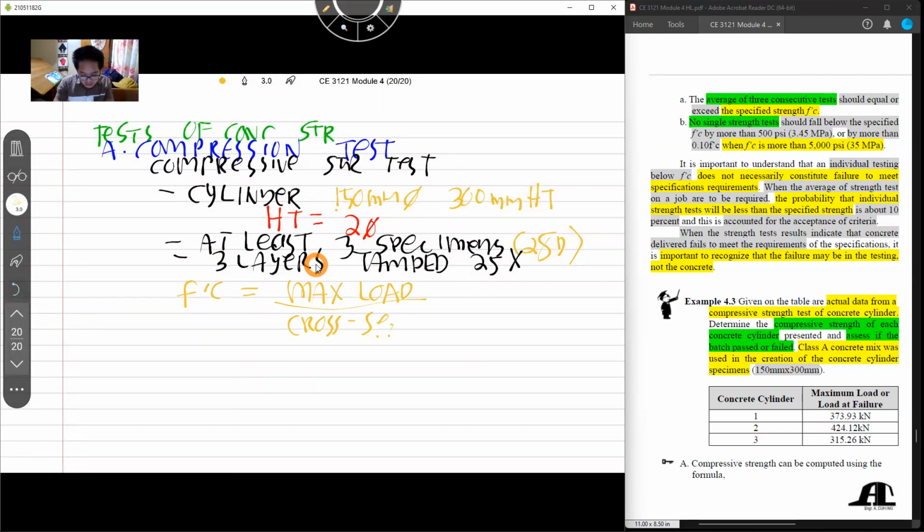Okay? So preferably class in terms of naka-Newton tayo dito. Tapos millimeter squared tayo dun. Okay? Para ang labas class naka-MPa. Okay? So dapat megapascals tayo dito.